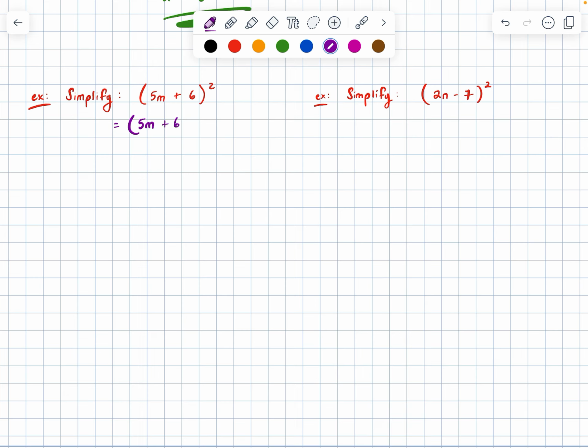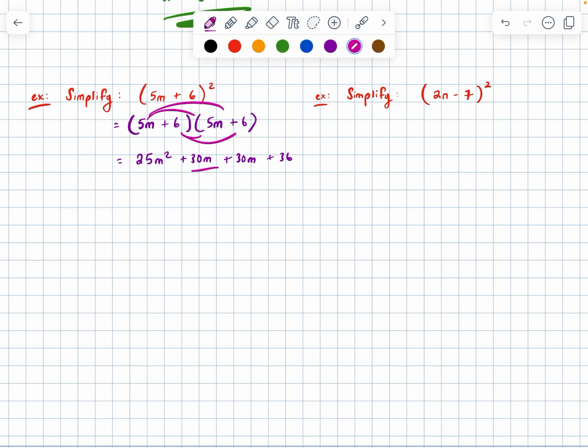If I take 5m plus 6, I know that by definition, this means 5m plus 6 times 5m plus 6. And now, all I gotta do is a METWET. So 5m times 5m, 5 times 5 is 25, m times m is m squared. 5m times 6 is 30m. 6 times 5m is still 30m.